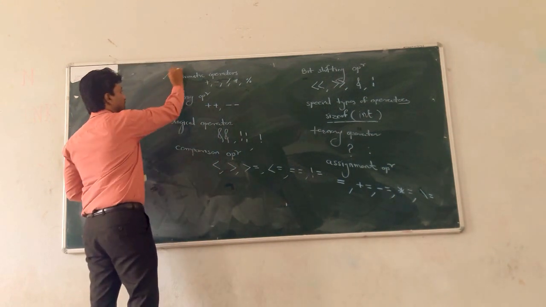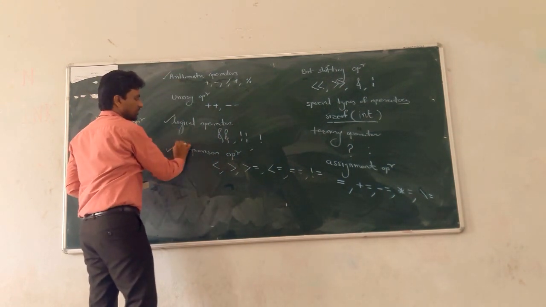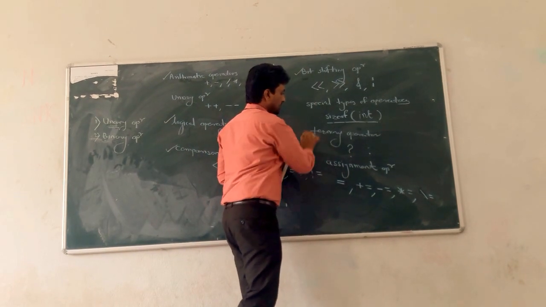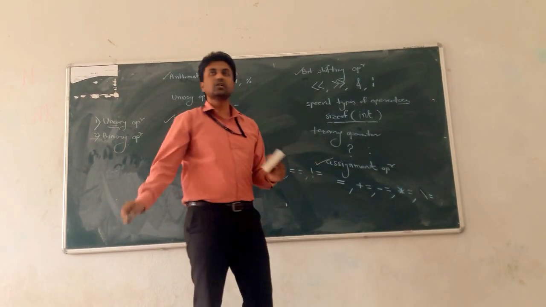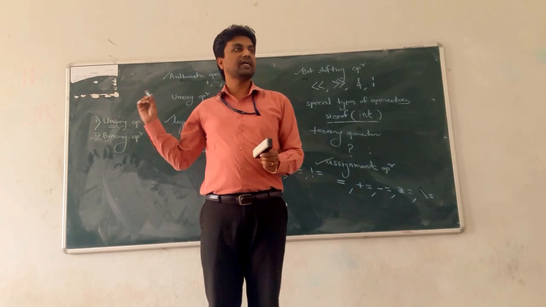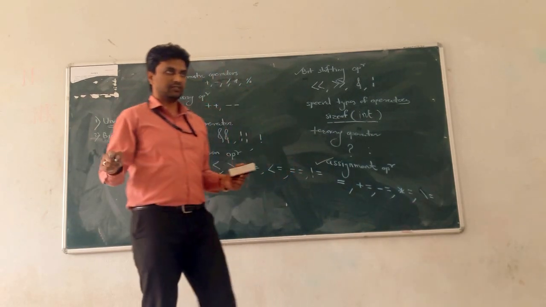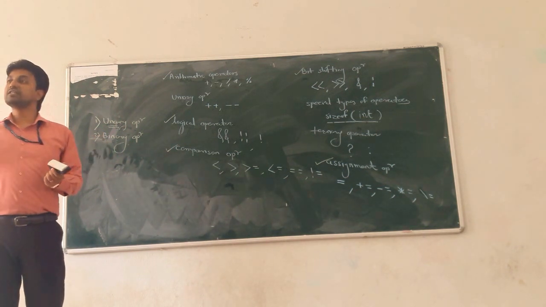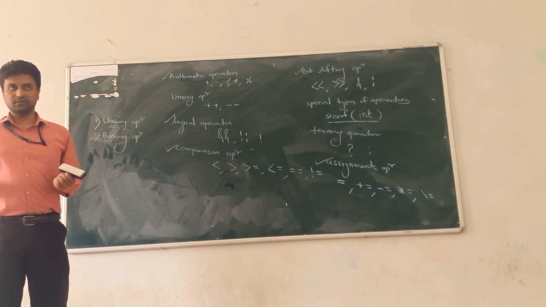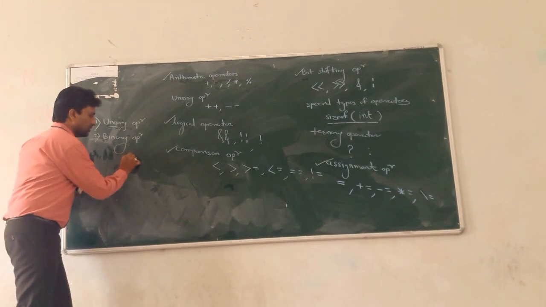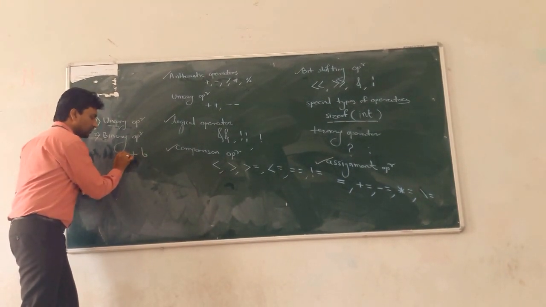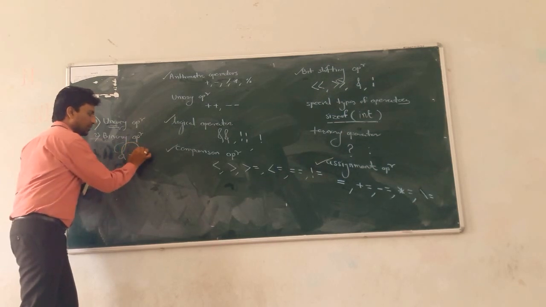So arithmetic operators, logical operators, comparison operators, bit shifting operators, and assignment operators, all these are binary operators, because they perform operation on two operands.